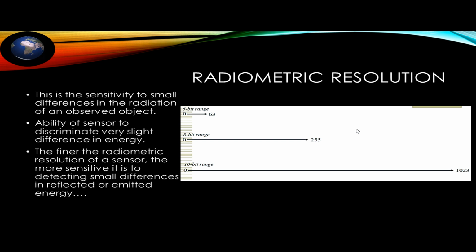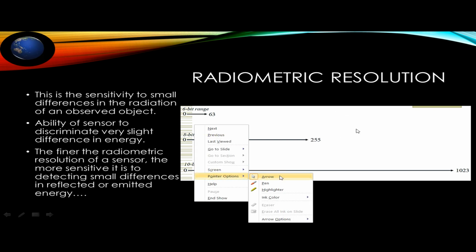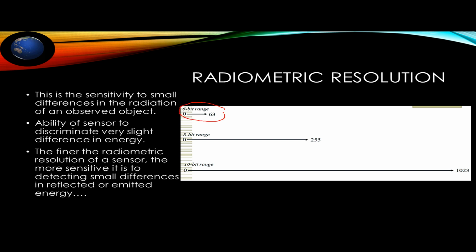What is the radiometric resolution? When it comes to the quality of data, as I told, a 6-bit data range will be 0 to 64, meaning 6-bit means 2 to the power 6. 2 to the power 6 is how much? It is 64.